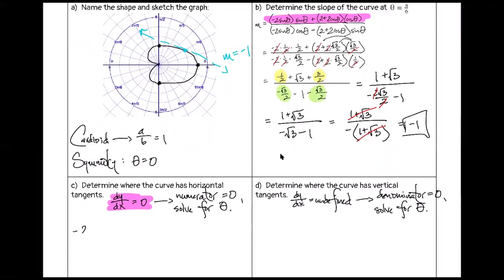I've got -2 sine squared theta, because I sort of multiplied that sine theta and the sine theta, plus 2 cosine theta, I distributed that, plus 2 cosine squared theta.